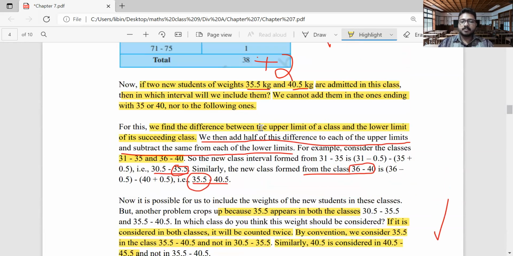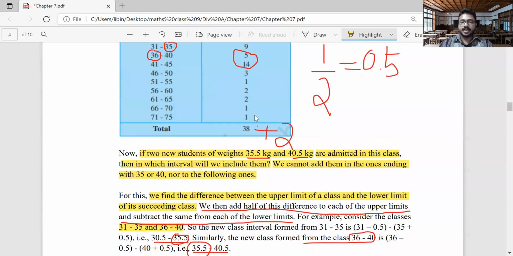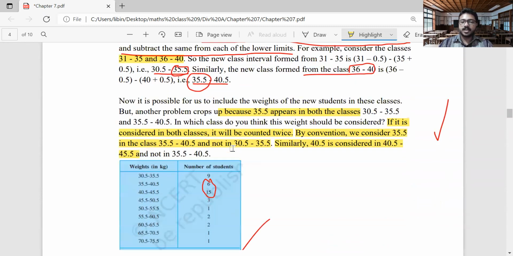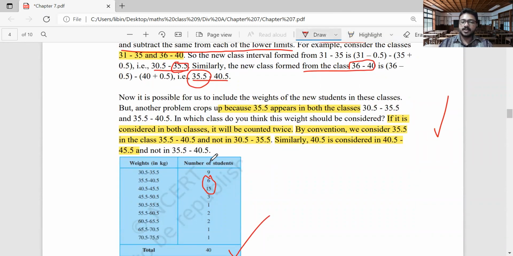See, suppose we are given this data, and we have included 35.5 and 40.5 also in the table, and we have newly formed the table.